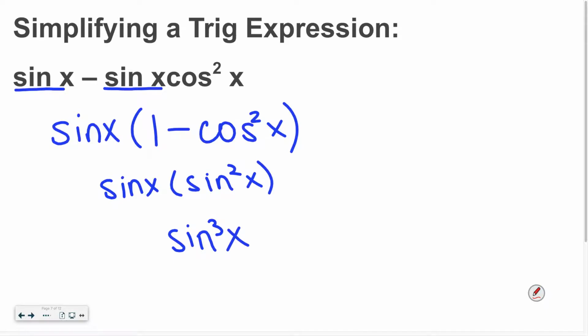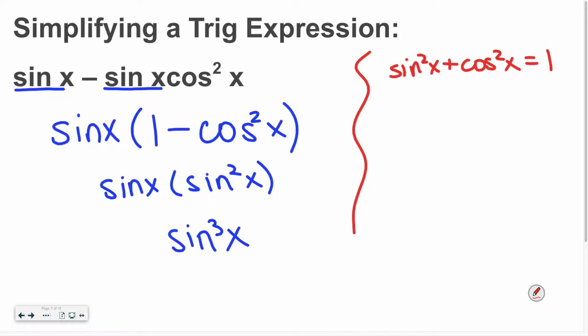So our Pythagorean identity is sine squared plus cosine squared equals 1. Well, if I rearrange, if I take cosine and subtract it over to the right side, then our identity is 1 minus cosine squared, and we're just left with sine squared here. So since we have 1 minus cosine squared, we can replace it with sine squared.